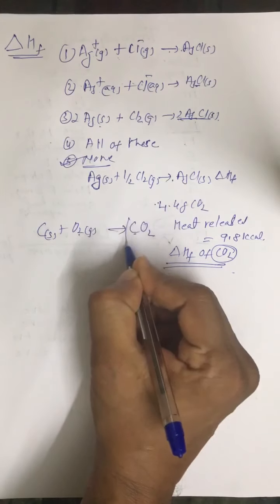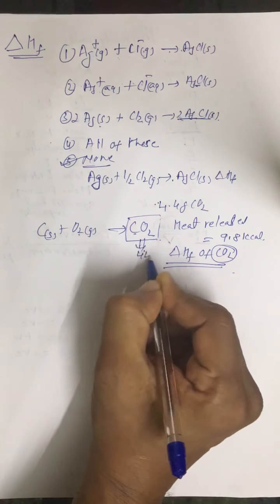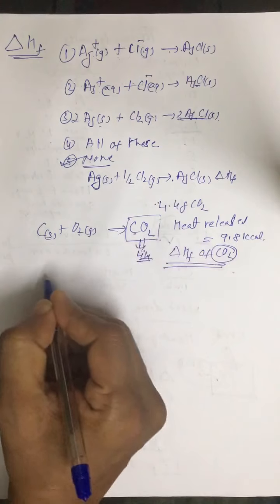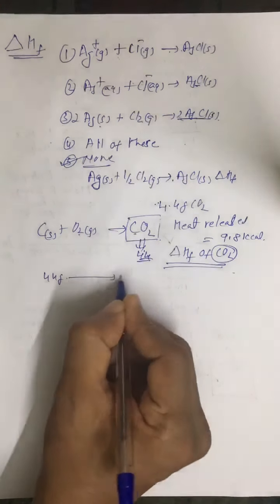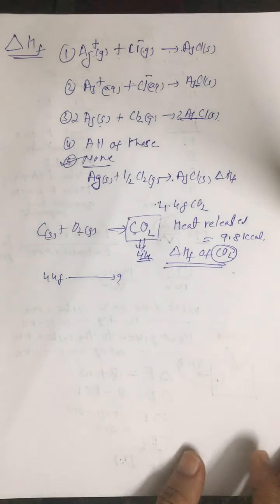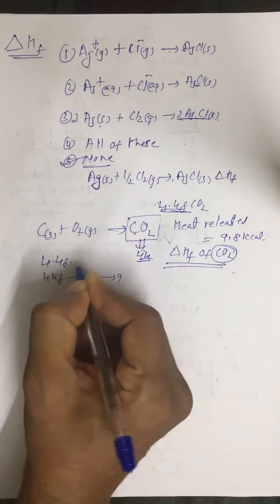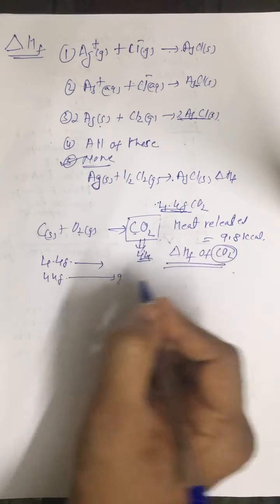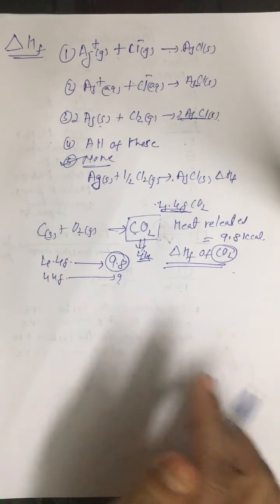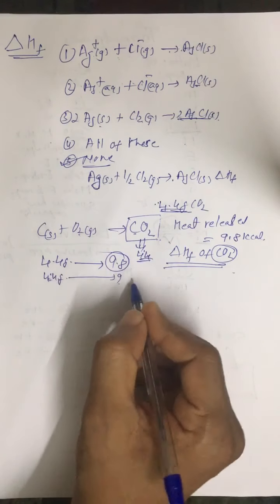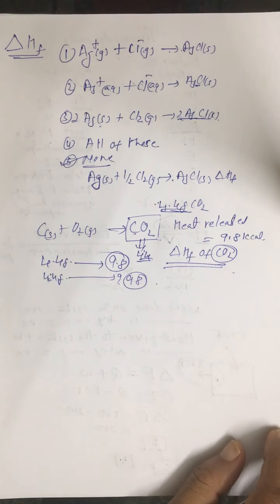What is the molar mass of CO2? It is 44 grams, that is 1 mole. So for the formation of 44 grams, what is the amount of heat released? During the formation of 4.4 grams, the heat released is 9.8 kilocalories. Therefore, in the formation of 44 grams, the heat released is 98 kilocalories.